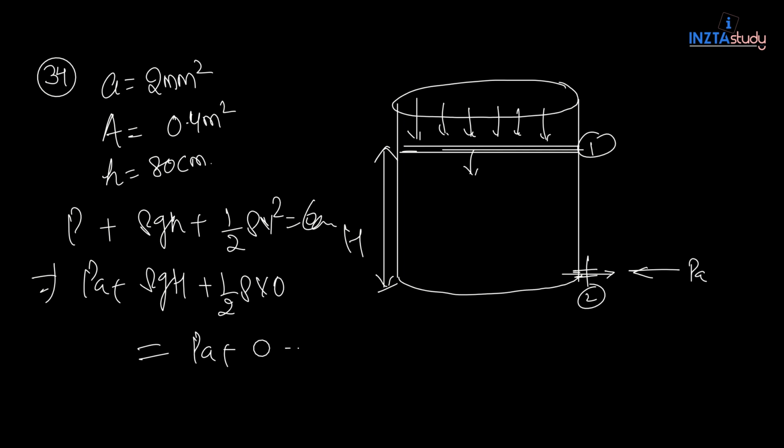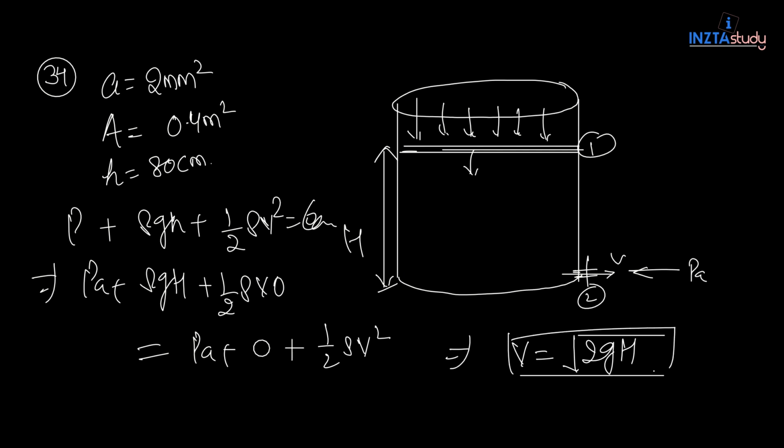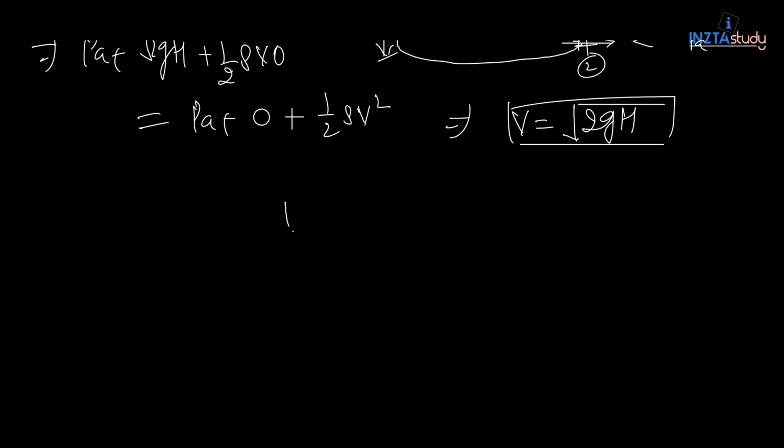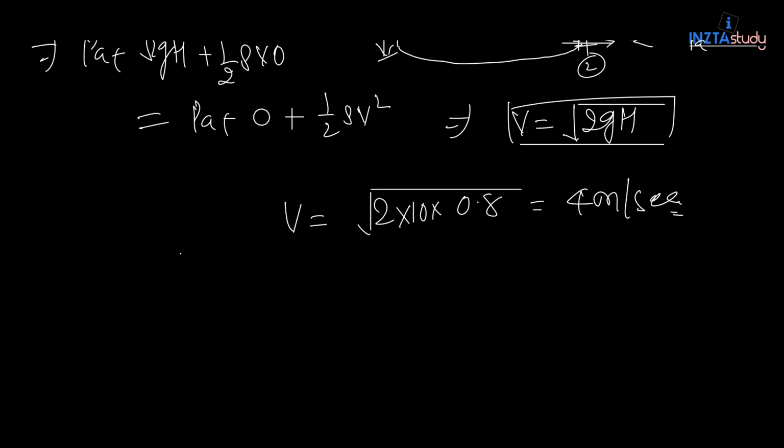Now there is no height and there is speed v, so half rho v square. So from here you will get v is equal to root 2gh. So this is the speed at which it will leak out. So that speed is root of 2 into 10 into h, which is 0.8, so the value we will get is 4 meter per second.